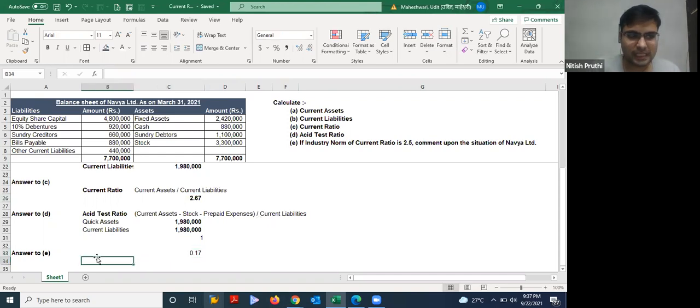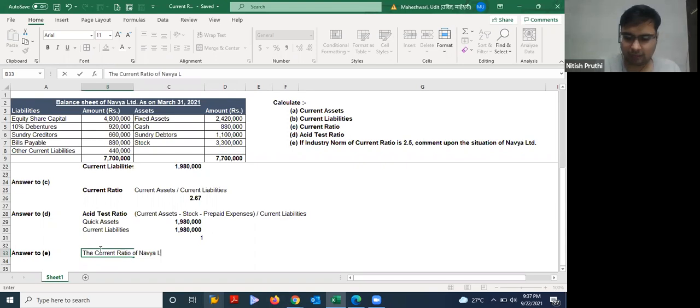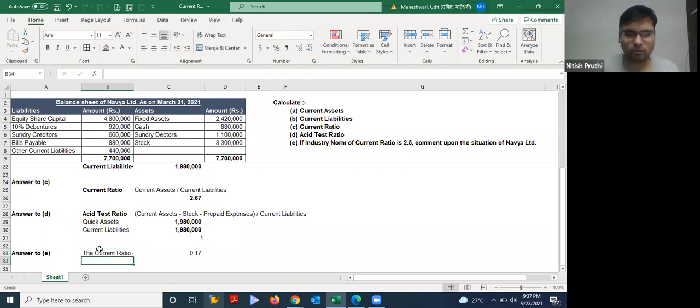In the exam, you will write that the current ratio of Navya Limited is higher as compared to industry standards by 0.17, which is a better situation. That's all you have to write.